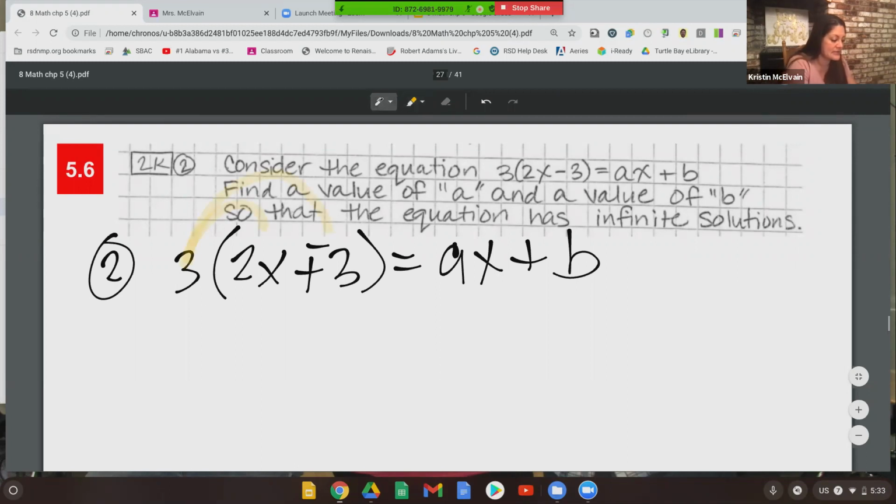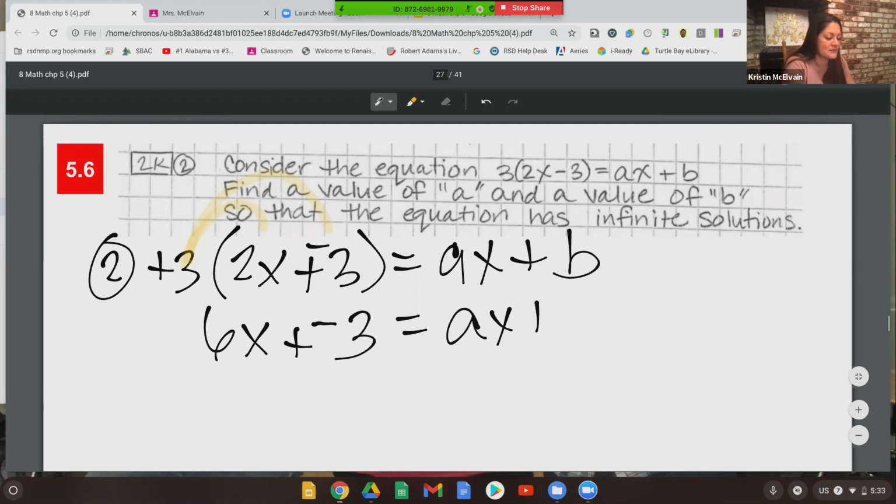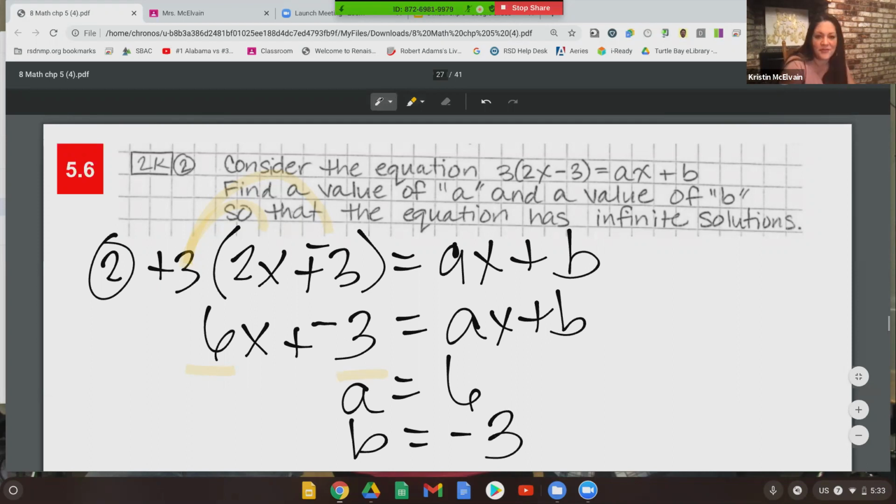So that gives us 6x plus negative 9, since a positive times a negative is a negative, equals ax plus b. So in looking at this, here's my a and here is my b. So we want a to be 6 and b to be negative 9. And that's going to give us infinite solutions.